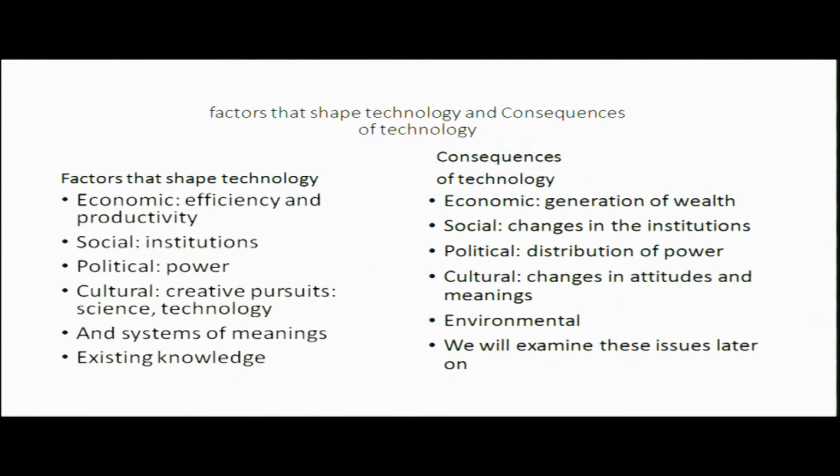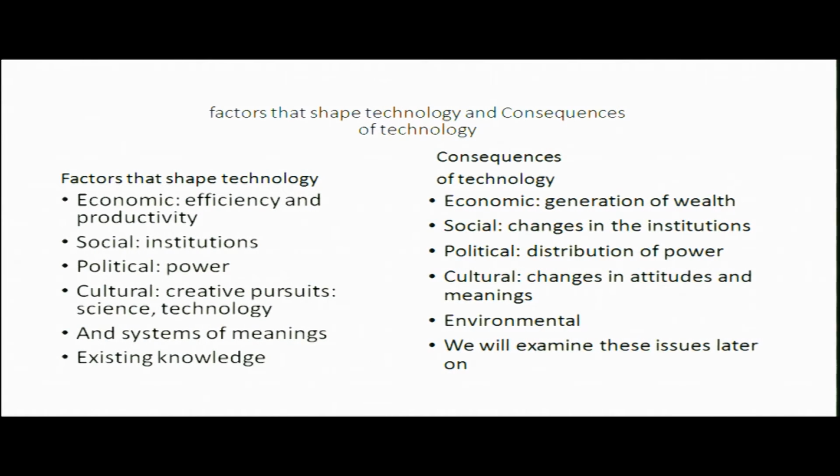For example, the atomic bomb has no other function except the political function. Then cultural factors: we include in culture all the creative activities like painting, music, art, and science and technology.